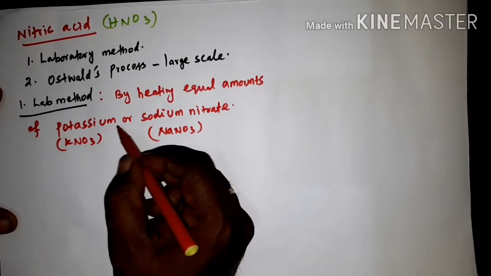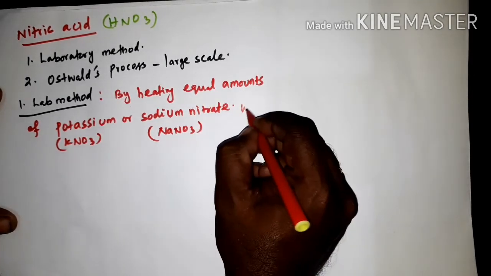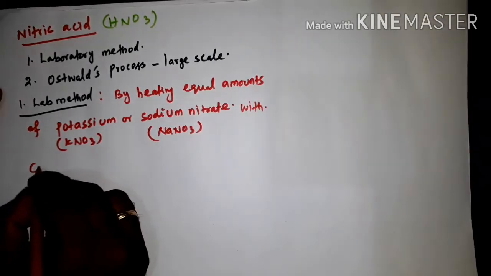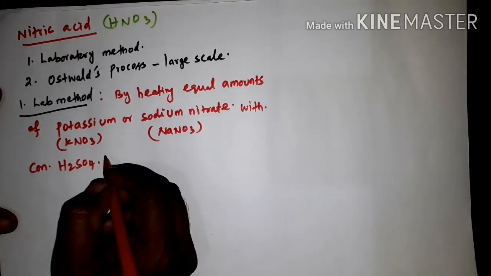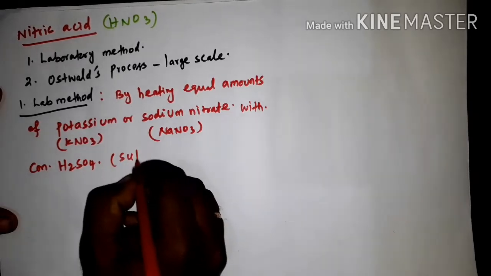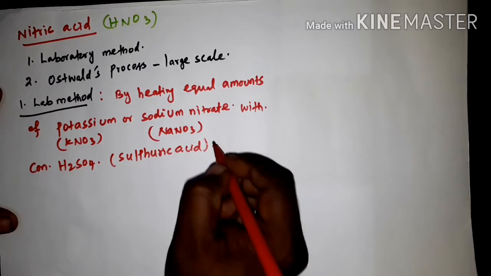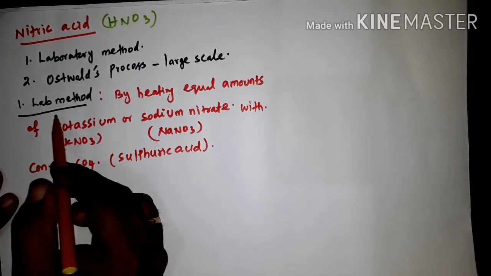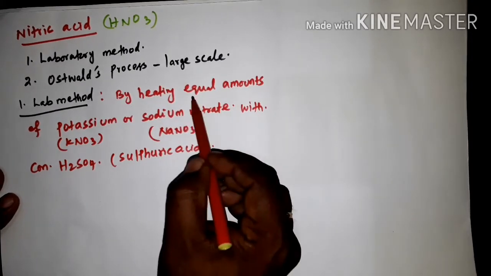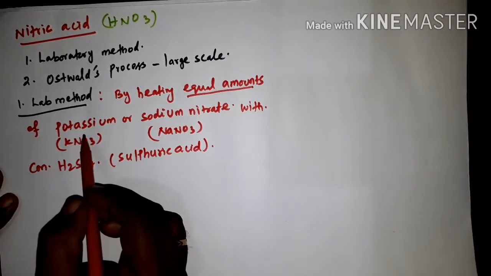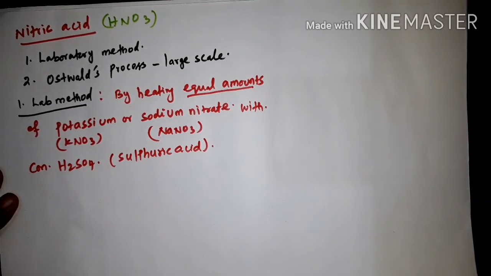So we can use any one, either potassium or sodium nitrate, with concentrated sulfuric acid, conc. H2SO4. This is concentrated sulfuric acid. Okay. So in the lab method, nitric acid can be prepared by heating equal amounts. This is very important, equal amounts of potassium or sodium nitrate with concentrated sulfuric acid.